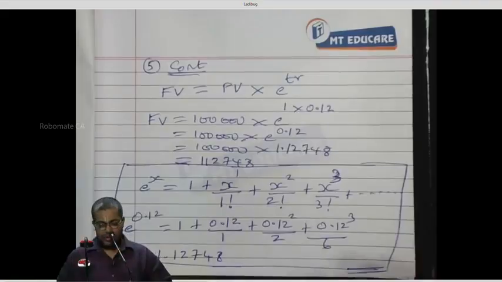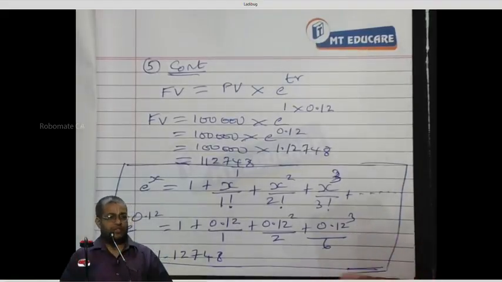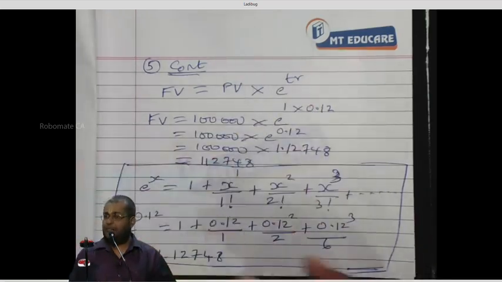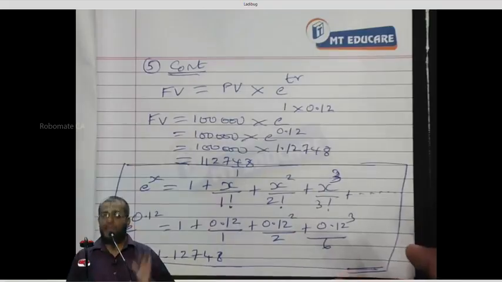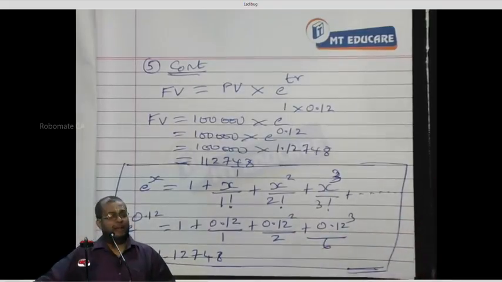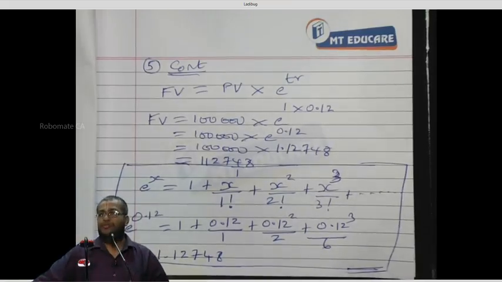So, now we have seen how to do continuous compounding, where the interest is credited continuously for the deposit period. Now let us extend the question.